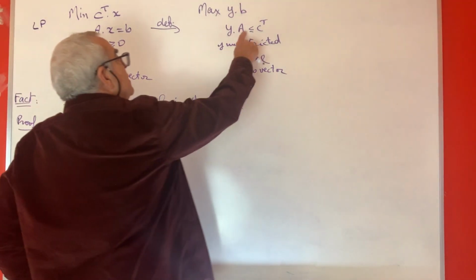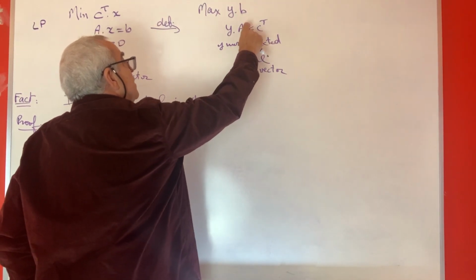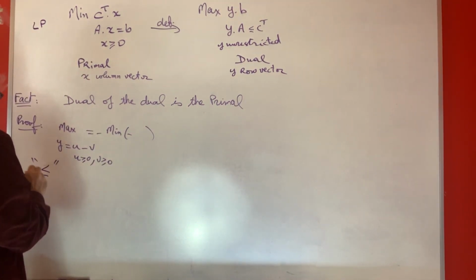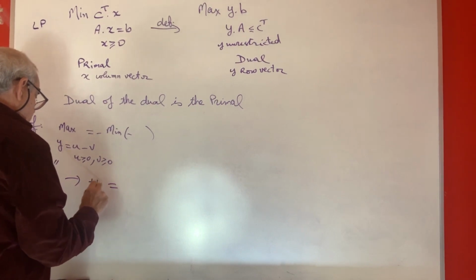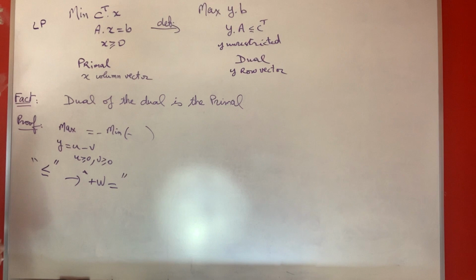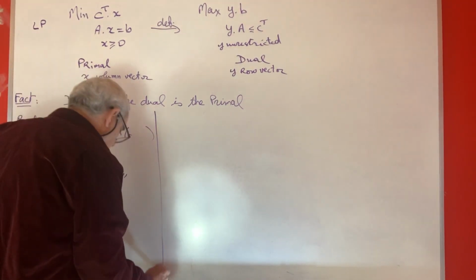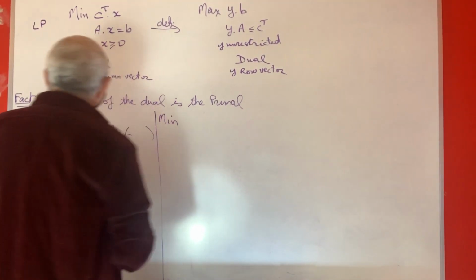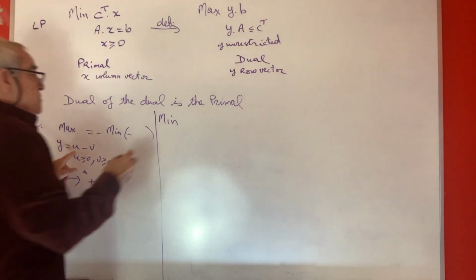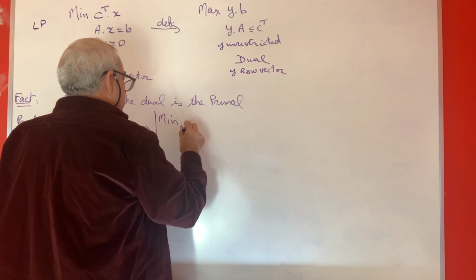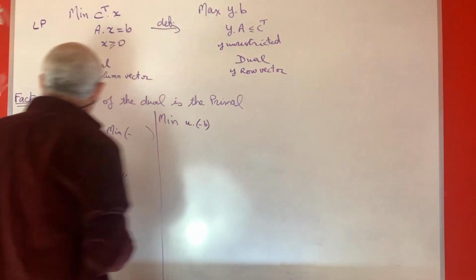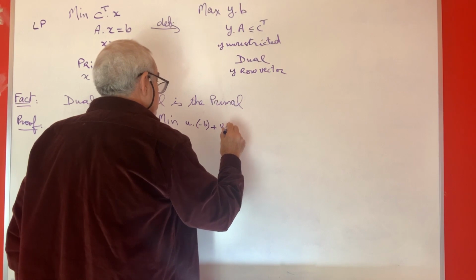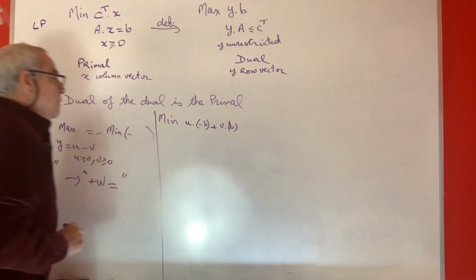And then here, less or equal to, I'm going to change it to equality by adding a vector which is greater or equal to 0. So less or equal to, we're going to replace it by equal, but we're going to add plus w. Okay? So that's what we're going to do. So the max becomes the min of minus Yb, so minus u times minus b, plus v times b, all right?